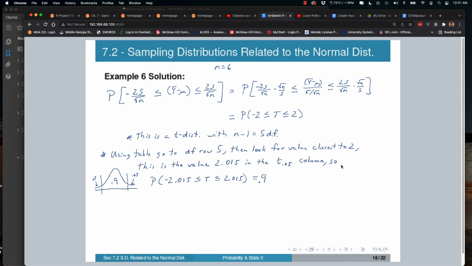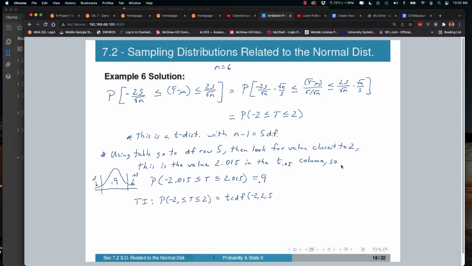That's an acceptable answer here, but I think we can be more accurate than that using either your TI calculator or R. If you use the TI calculator, the answer you should get will be a lot more accurate. So on the TI, we can use the TCDF function, so the probability that -2 is less than or equal to t less than or equal to 2 is going to be equal to TCDF of -2, 2, 5.